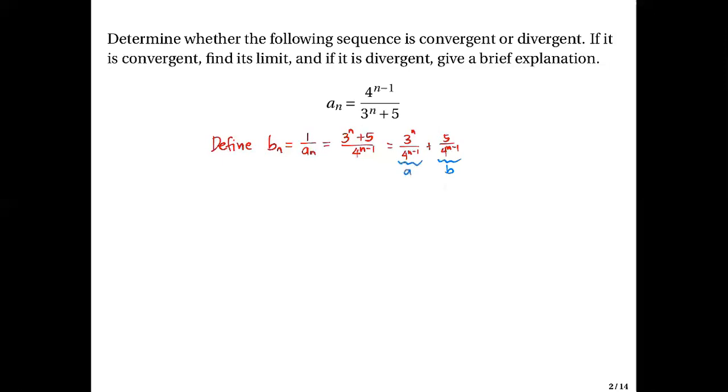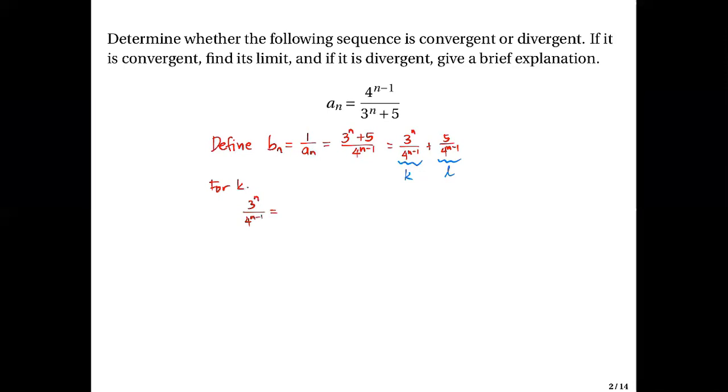Oops, let me use other letters since I have been using a sub n and b sub n already. Let me just call this guy here K, and this guy here L. So for K, we have 3 to the n over 4 to the n minus 1.